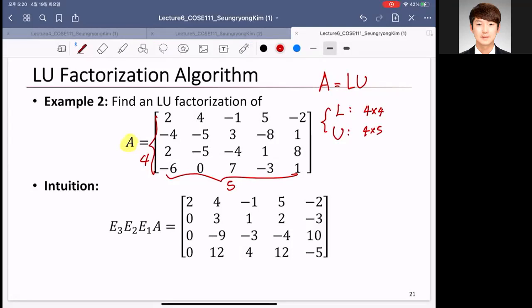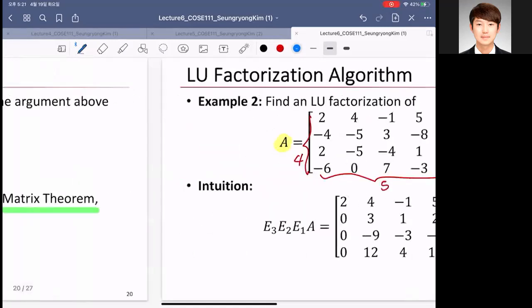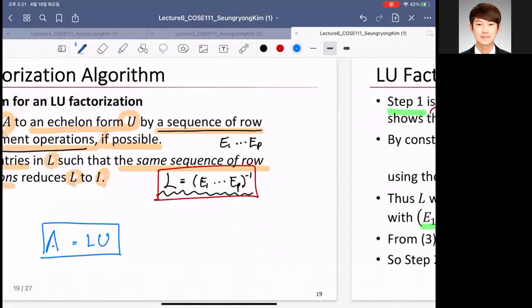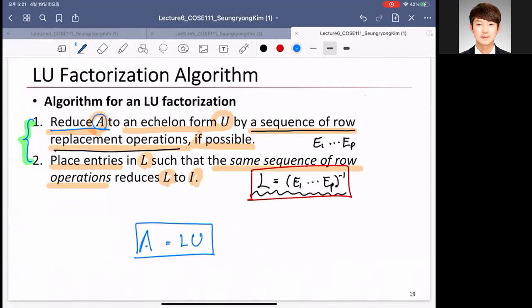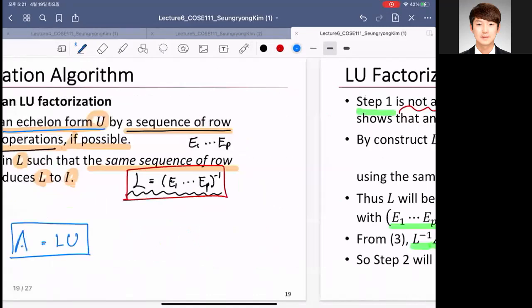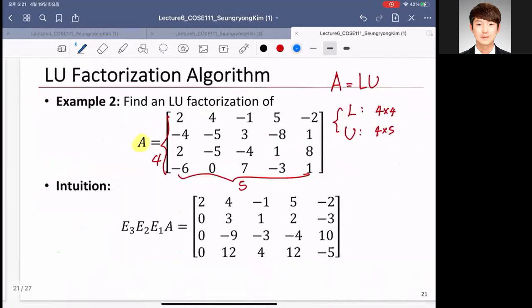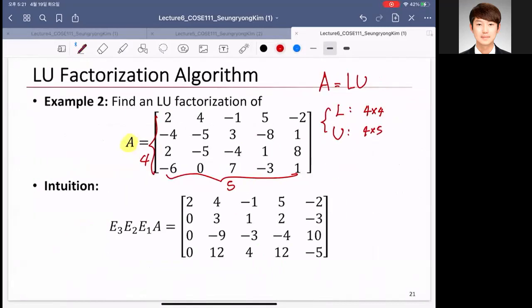To factorize into LU, according to the algorithm, first of all, row reduce A to the echelon form. Let's do that. Step 1. So what is our first strategy? To make this term 0. Then let's do that.